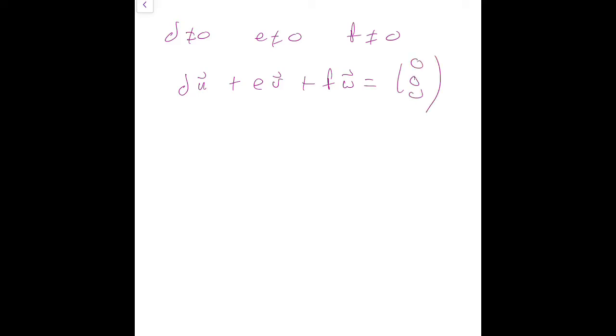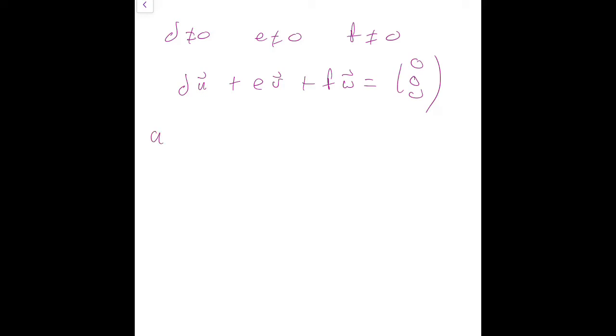Number 4 is asking the same question, but in addition, we're assuming that there are scalars D not equal to 0, E not equal to 0, F not equal to 0, such that DU plus EV plus FW is equal to the 0 vector. Okay, so now, is there a non-unique solution?